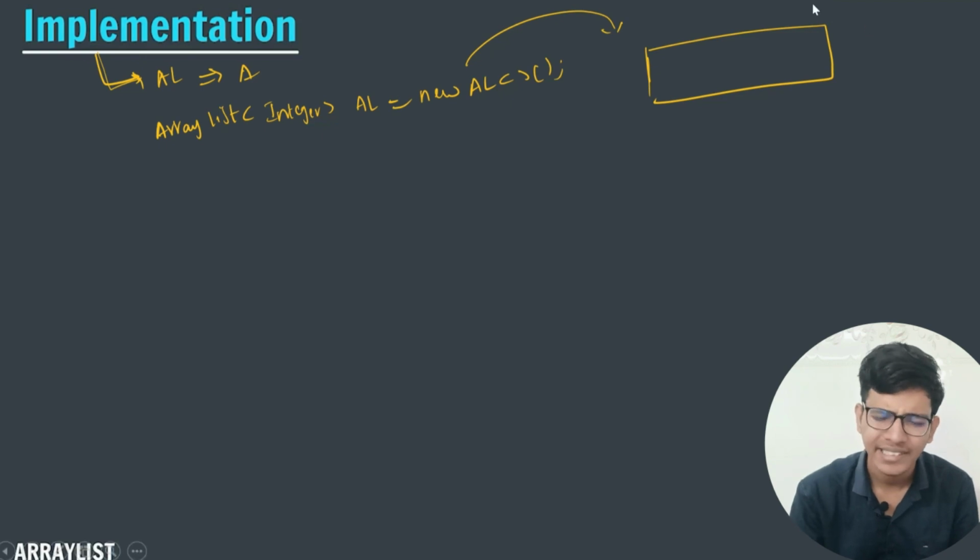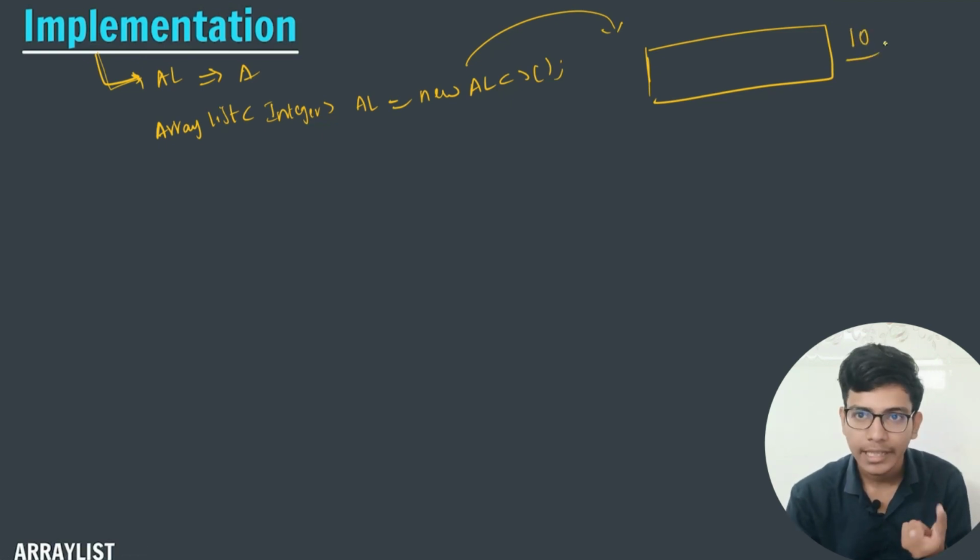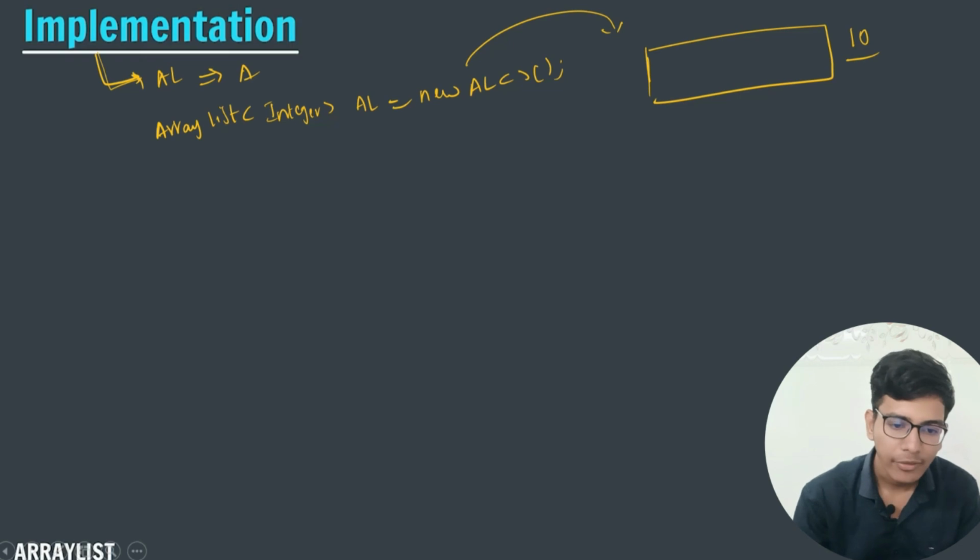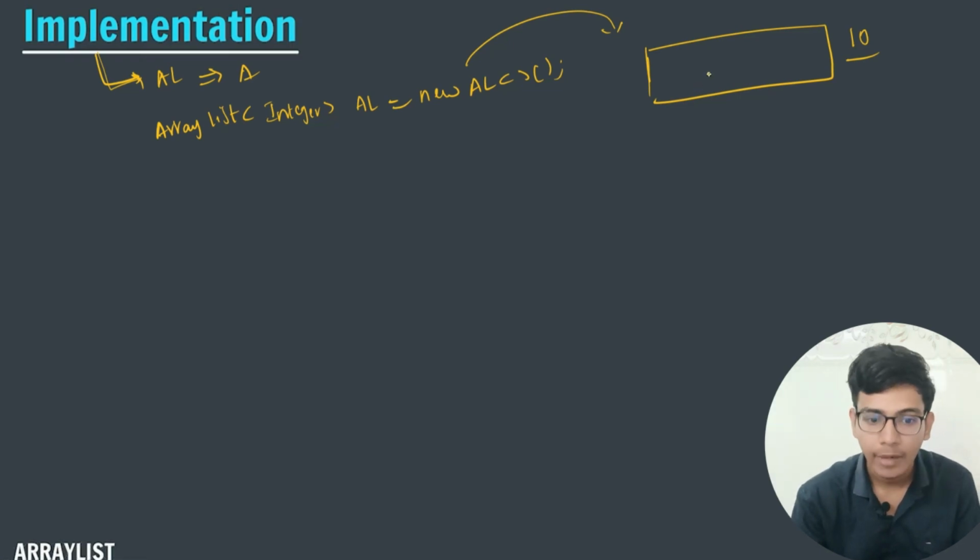Let us consider that n equals 10. So our compiler will create a 10-size array. After that, we start to fill elements inside our array. Suppose the size of the array is 10. Depending on our Java version, there are different versions of Java, Java 7, Java 8.